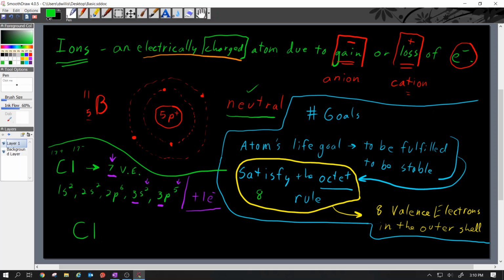But then we gain one more. And so now it's going to have 17 protons and 18 electrons, which means it will have an overall charge of -1. Yes? All right. And so it will have an overall charge of -1, and that is because it gained one electron.